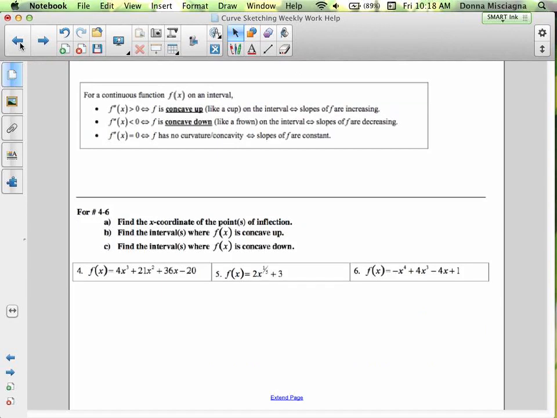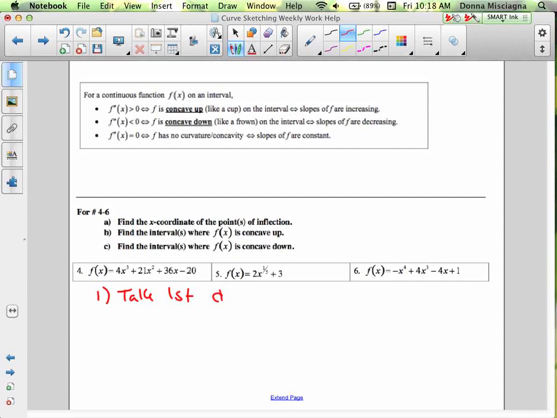All right, so you're going to take the first derivative, take second derivative.